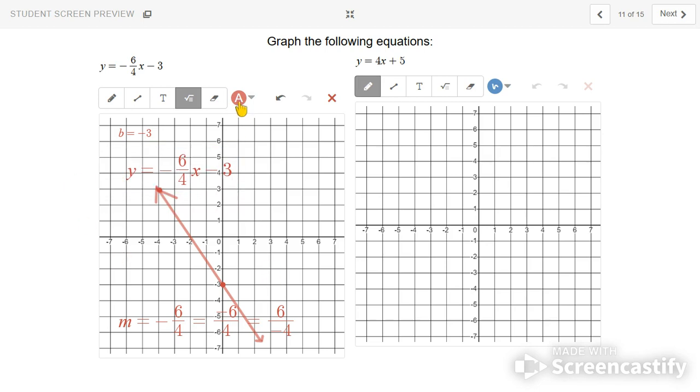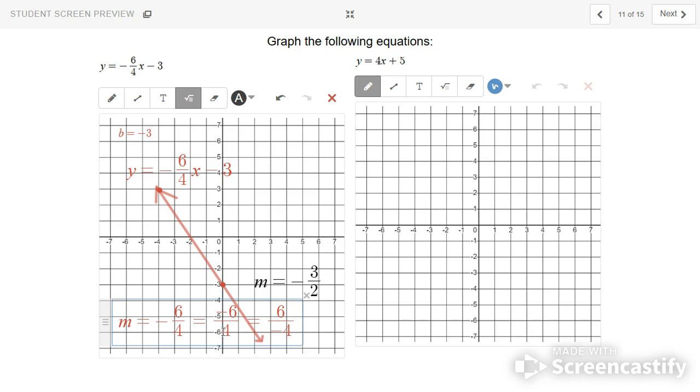Now, one other thing that you could do, if you would like, you notice that 6 over 4 is a fraction that we can reduce. So because it's a fraction that we could reduce, we could say that this is equivalent to -3 over 2. So if I used -3 over 2, I would be able to plot a few more points on the graph.